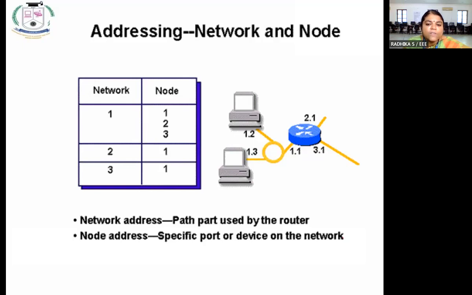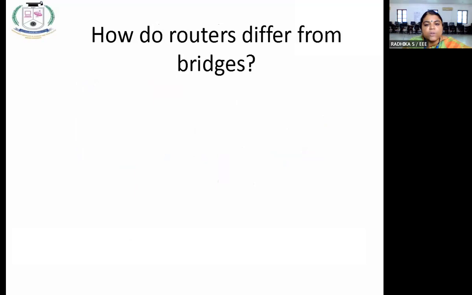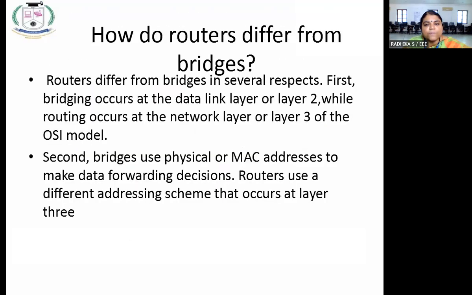See here in the diagram, we have a device with the address 1.2. 1.2 implies it is the device associated with network 1, and the device address is 2 in network 1. Likewise it goes. So this is how the routing table addressing in the network layer is going to be available.